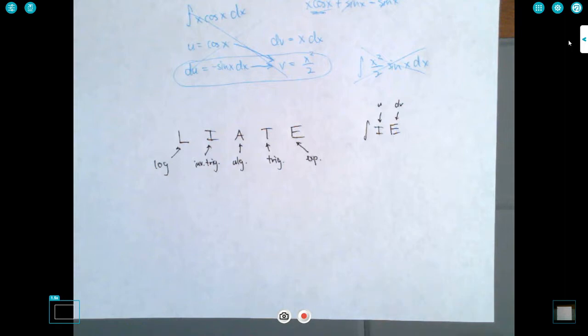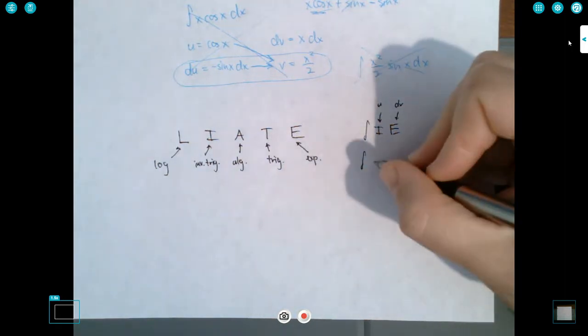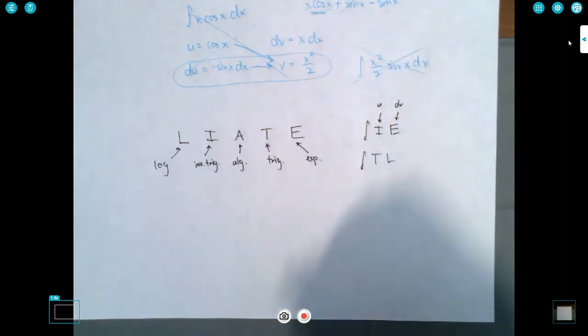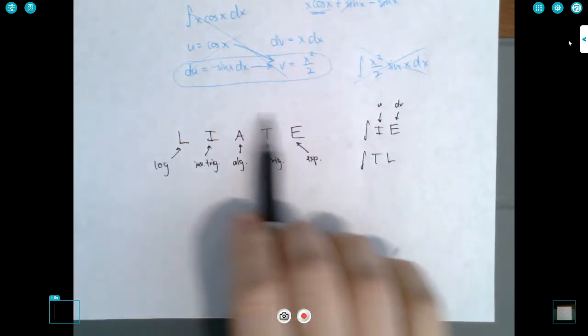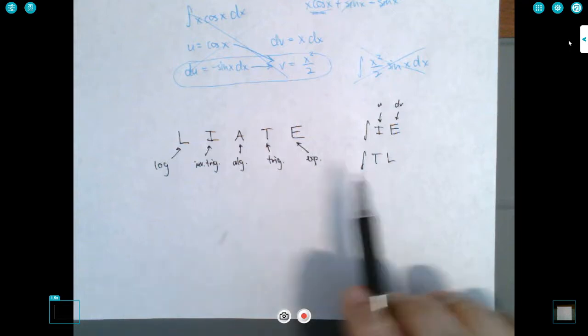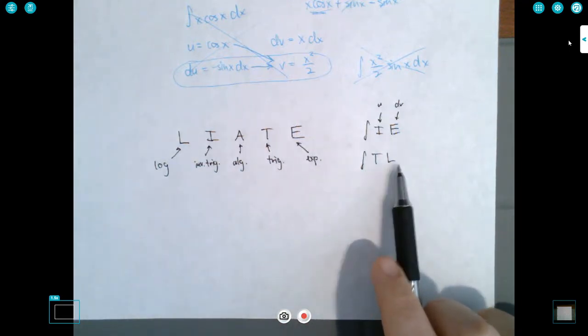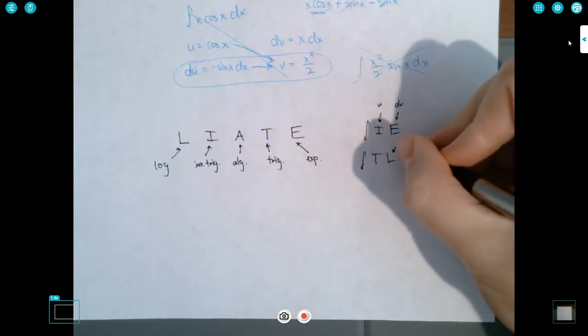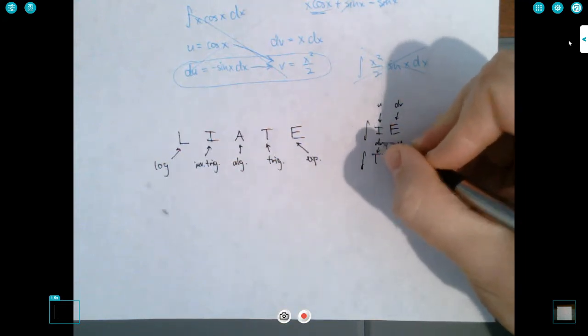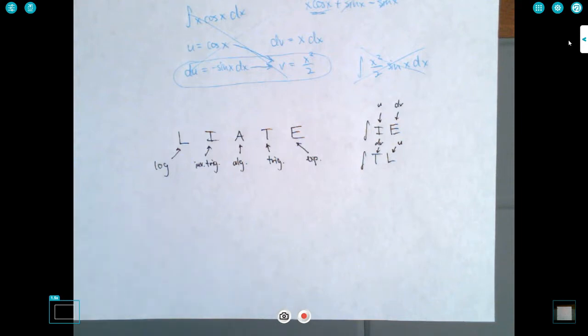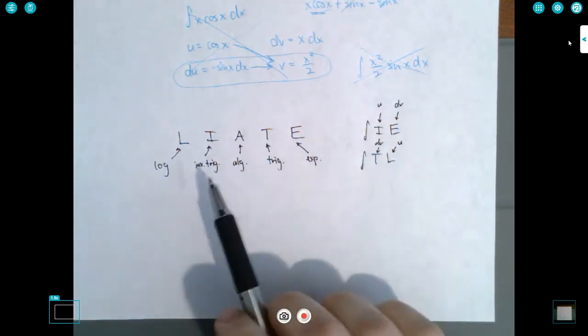Or if you had an integral of the form TL, L comes before T in this acronym, so you'd let u be the logarithmic function and you'd let the trig function be the dv part.